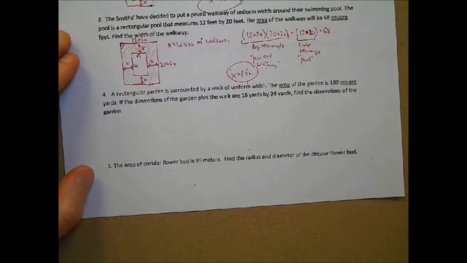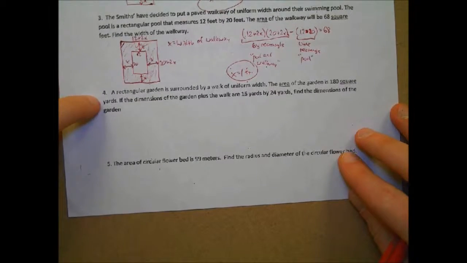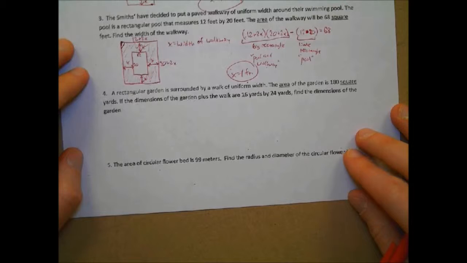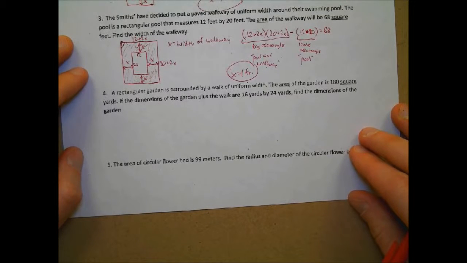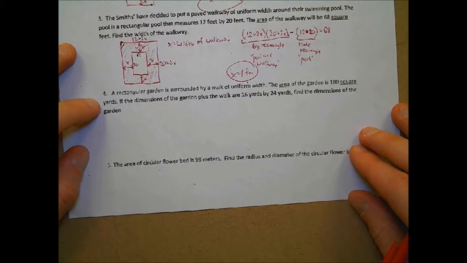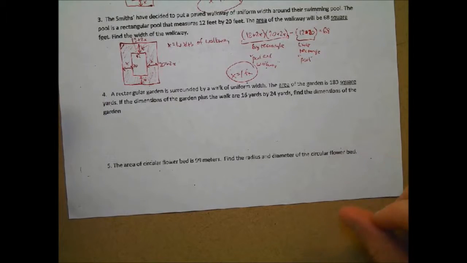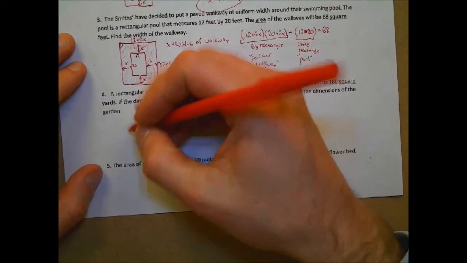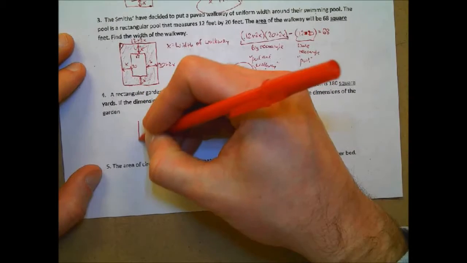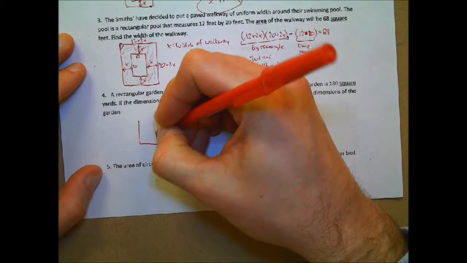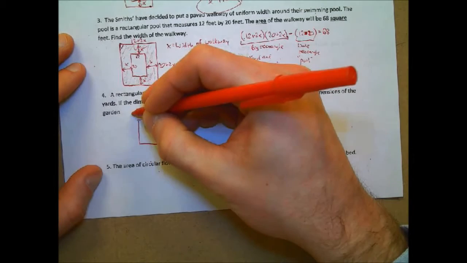Okay, I'll answer in a second here. Number 4, let's talk about this last one here. A rectangular garden surrounded by a walk of uniform width. The area of the garden is 180 square yards. If the dimensions of the garden plus the walk are 16 by 24, find the dimensions of the garden. Okay, so a rectangular garden is surrounded by a walkway of uniform width.